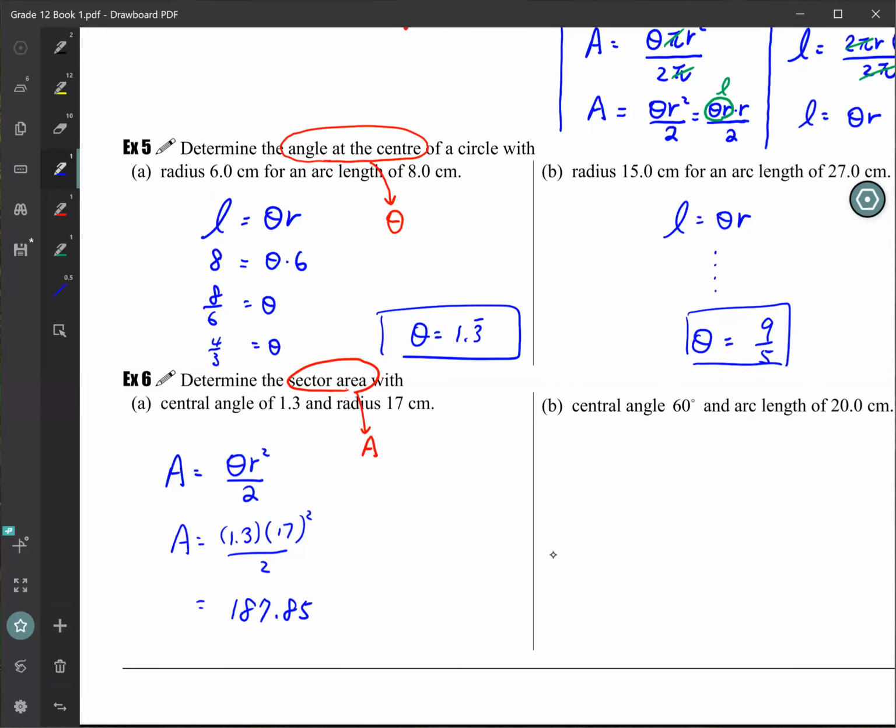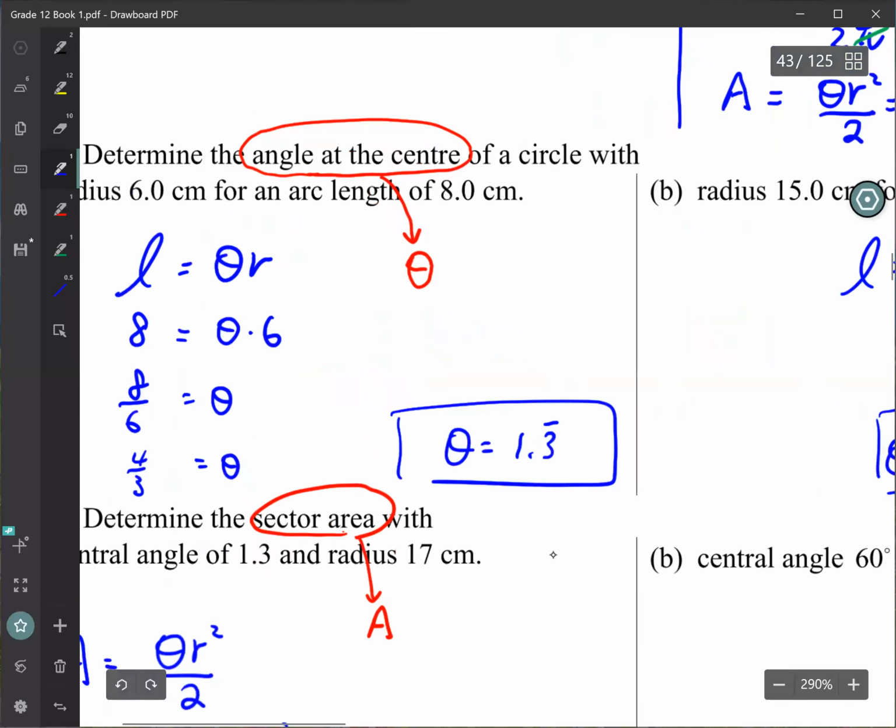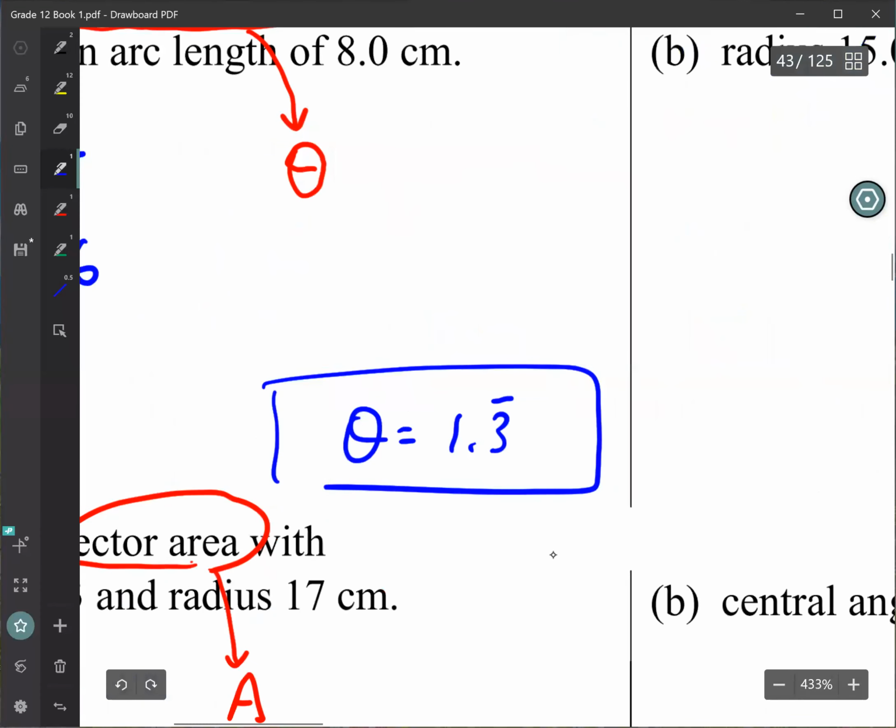Okay, and what do you think the unit is? Centimeters. Just centimeter only? Centimeter squared. Yeah, okay, it's an area, right? So remember, you need to put units. For angle, we didn't need to put it because it's in radian, but if it's in degree, you need to put a little circle, right?